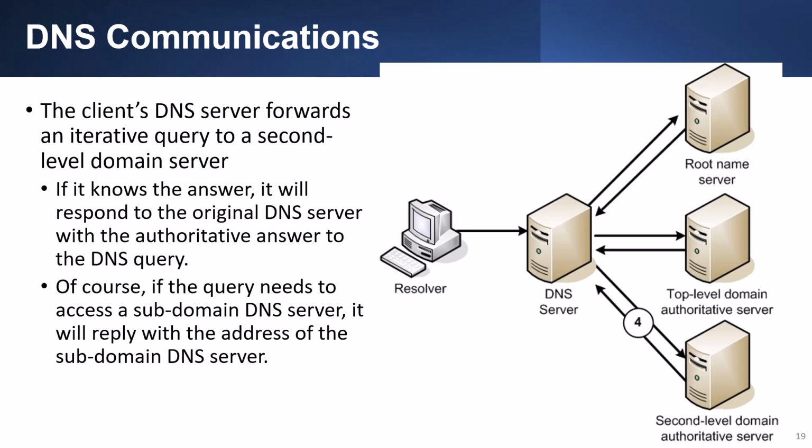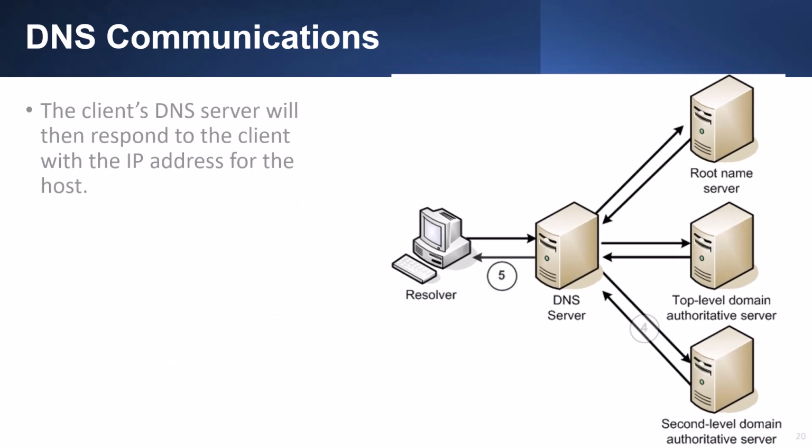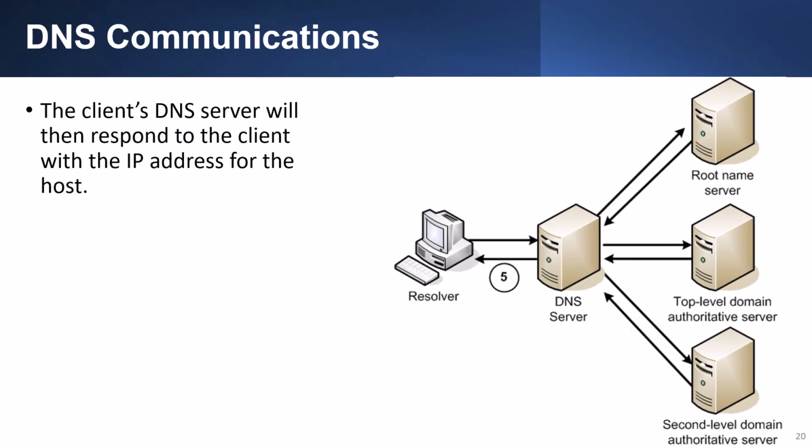If it knows the answer, it will respond to the original DNS server with the authoritative answer to the DNS query. Of course, if the query needs to access a subdomain DNS server, it will reply with the address of the subdomain DNS server. The client's DNS server will then respond to the client with the IP address for the host.